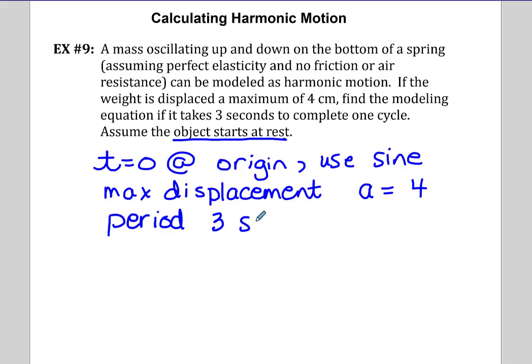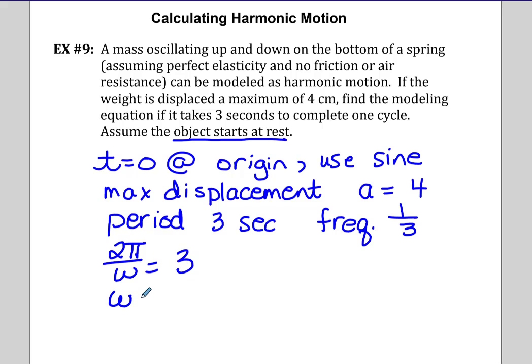So if the period is 3 seconds, the frequency is 1 cycle every 3 seconds. The frequency is 1/3. So we've got to find omega, so 2 pi over omega is 3. That makes omega 2 pi over 3.